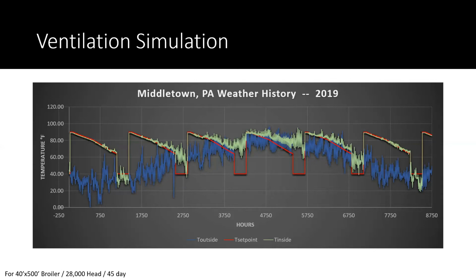The light green is how we did at maintaining the inside temperature to that set point. So you can see at the beginning, we followed the red line very well, but towards the middle, we were in higher stages of ventilation, so we were offset above it as the temperature outside increased. You can also see where the blue line, which is outside temperature, goes above the green. That would be evaporative cooling must have kicked in there.